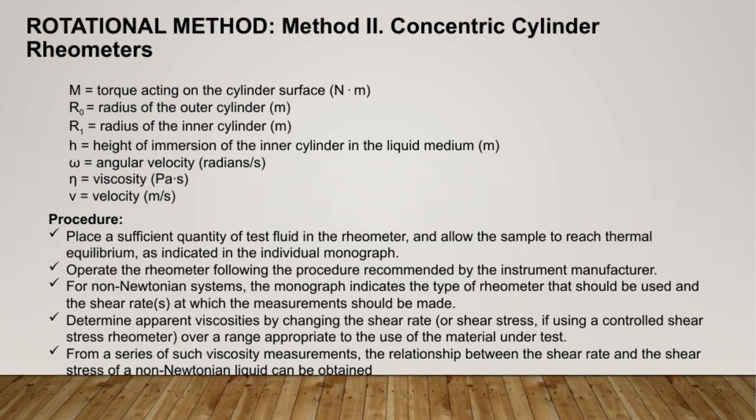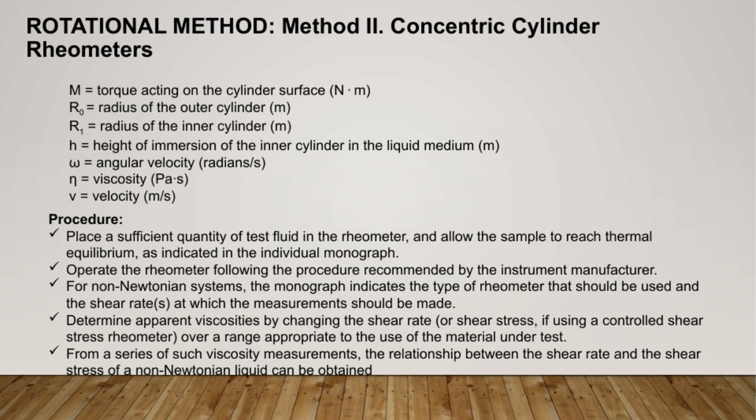For non-Newtonian systems, the monograph will specify the type of rheometer you should use, as well as the shear rates at which you need to perform measurements. This helps capture the material's complex flow behavior accurately. Then, you'll determine the apparent viscosities by varying the shear rate or shear stress if you're using a controlled shear stress rheometer over an appropriate range.